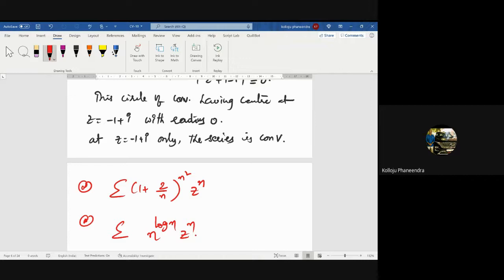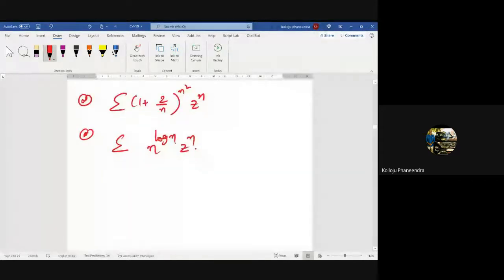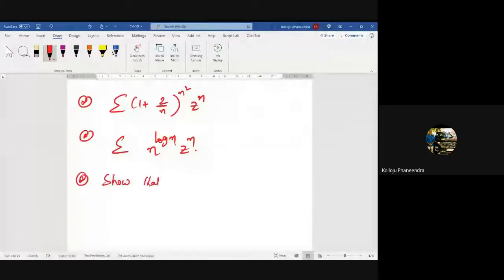Let me take another problem. Show that the following power series is convergent in the given region.